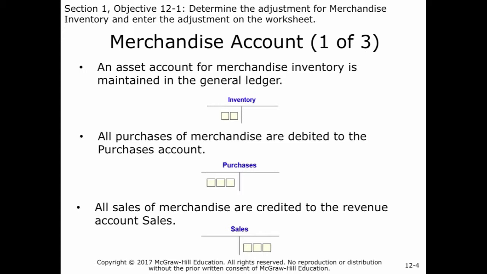However, the journal entry to record the purchase of inventory for cash, assuming a periodic inventory system, is that we debit purchases and credit cash. At the end of the period, merchandise inventory still contains the beginning balance, and it must be adjusted to show the ending merchandise on hand.